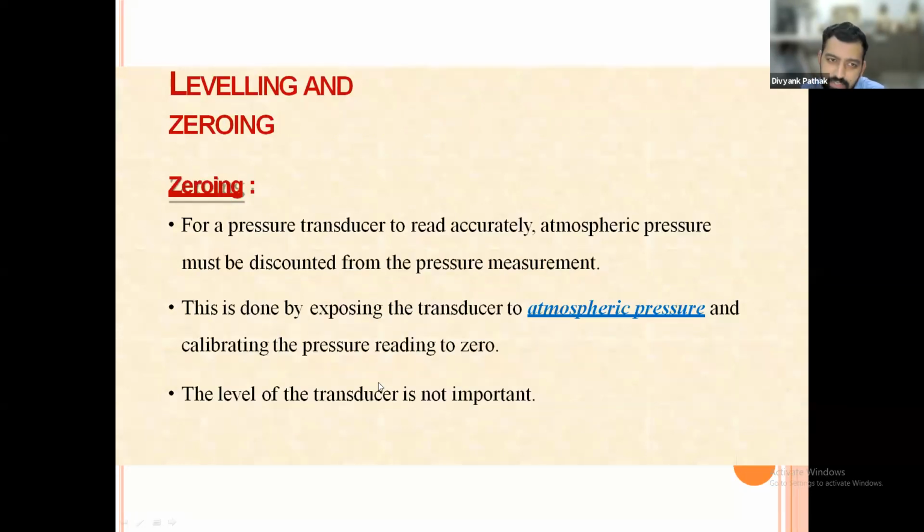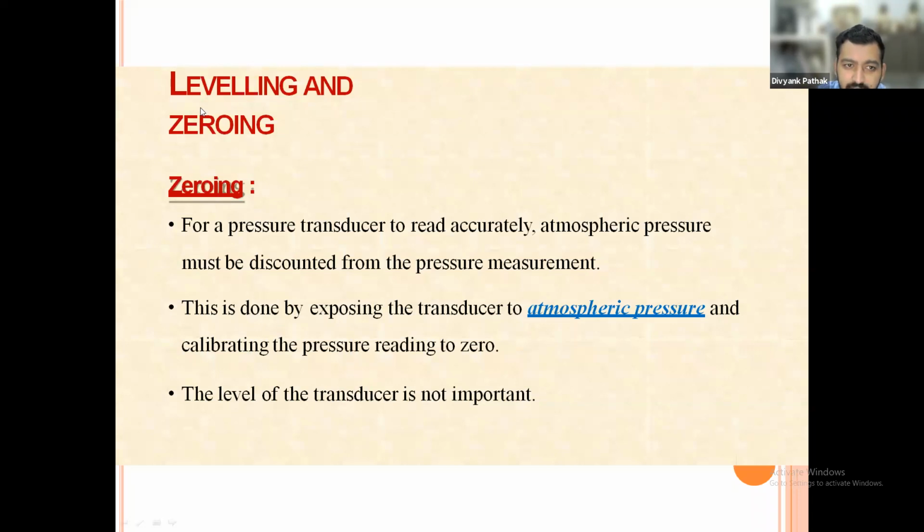Now these were the components, but before starting the arterial line, we have to zero to the atmospheric pressure. Otherwise whatever pressure we see on the monitor will not be the accurate pressure if we don't correlate it with the atmospheric pressure.